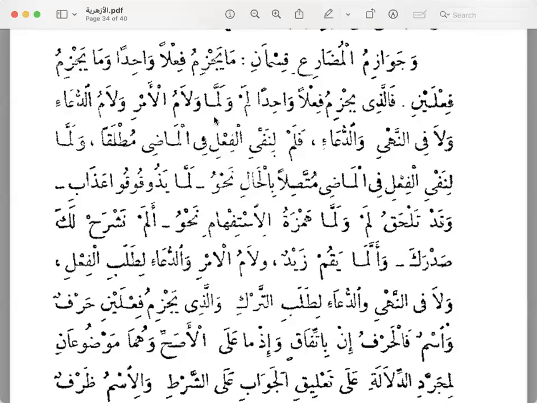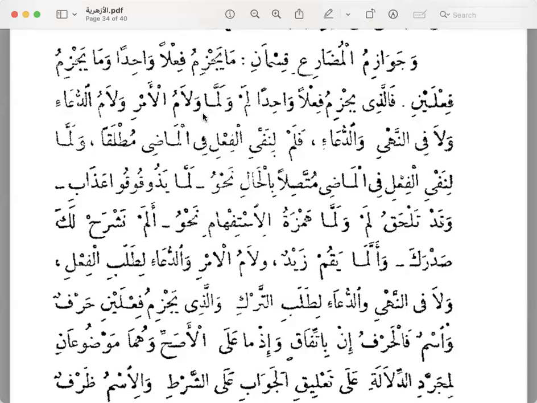Okay. Then we have lamma, which means not yet. Lam yati Zaydun, Zayd has not come yet. Again, we do not use this in classical Arabic.